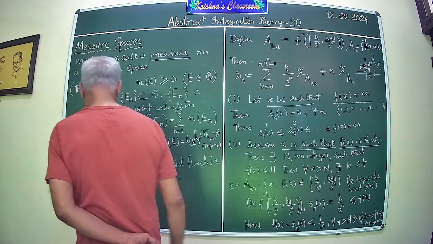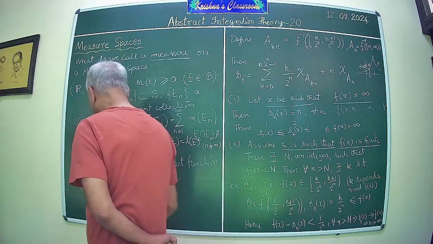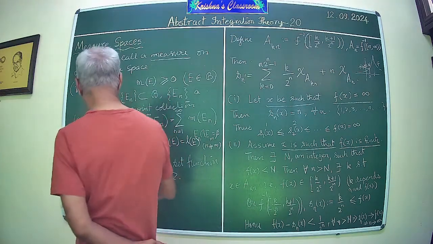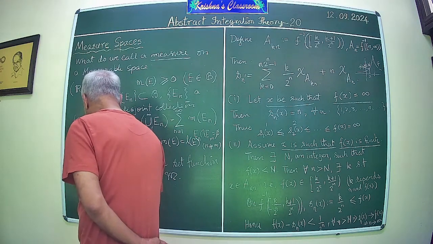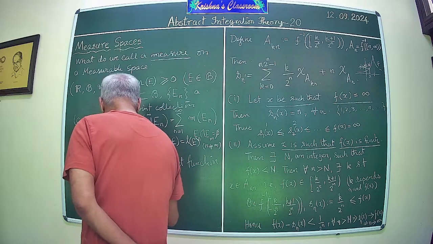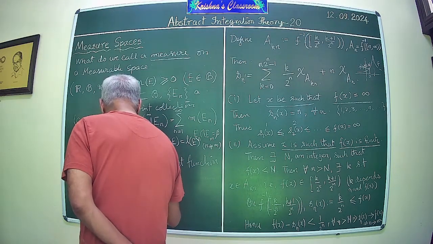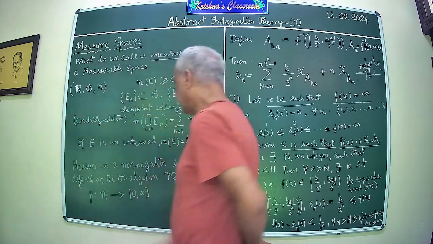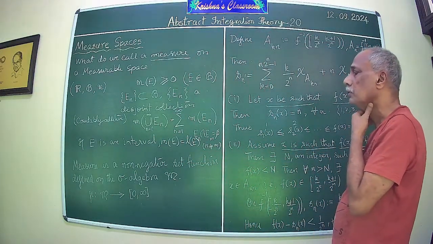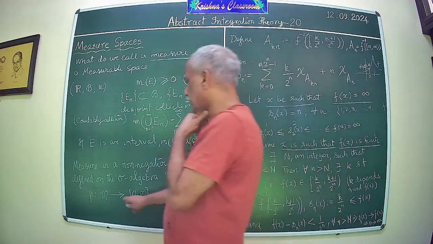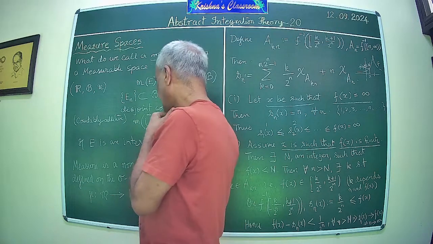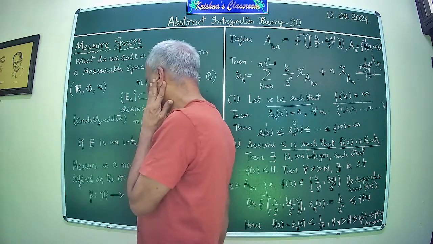Mu is a map from the sigma algebra script M to the non-negative extended real line, given by associating with each element of script M a number. That is the first thing.